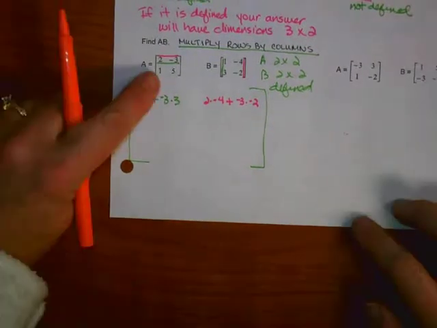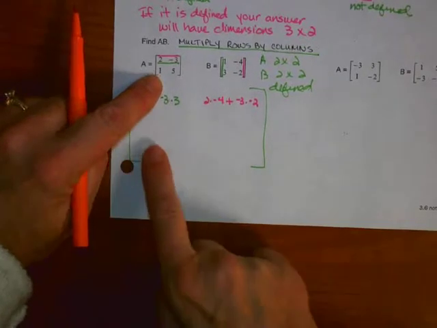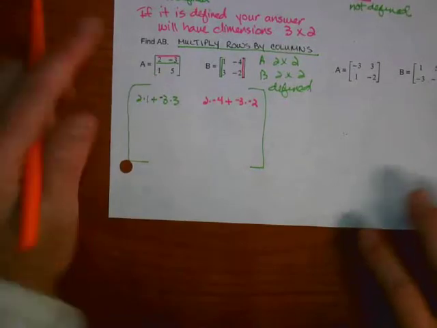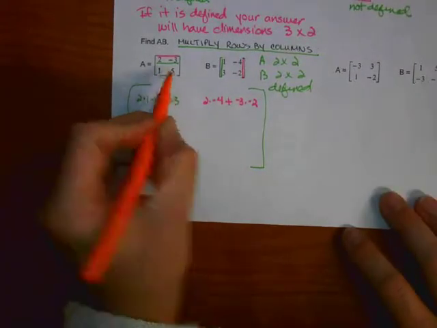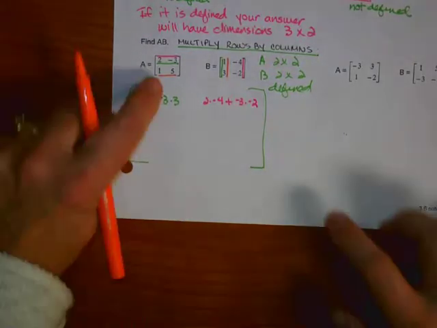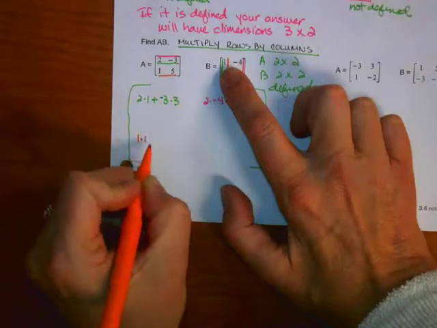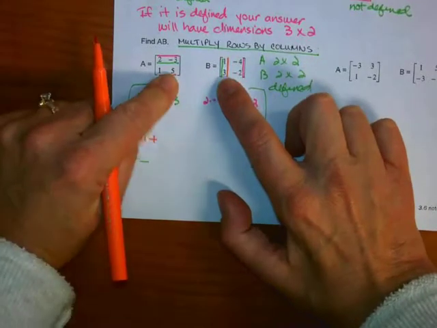All right. Now, I'm going to do row 2, column 1. And that goes here, in this same spot. So, I'm going to do row 2 times column 1. So I do 1 times 1, 1 times 1 plus 5 times 3.